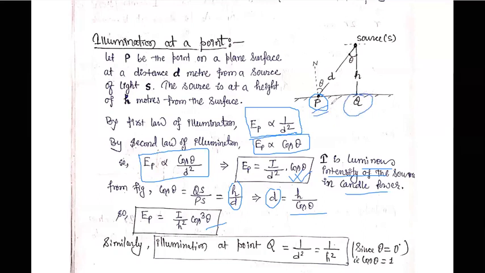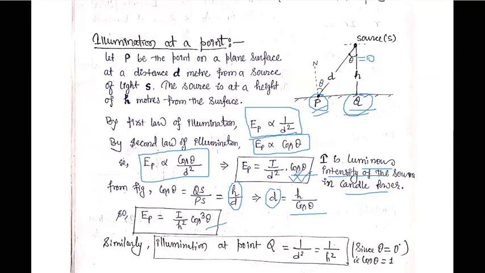Now you have to find out the illumination at point Q. So what will you do? According to this equation, if the value of theta is equal to 0, then you will get the illumination at this particular point, if this flux line is along this line.